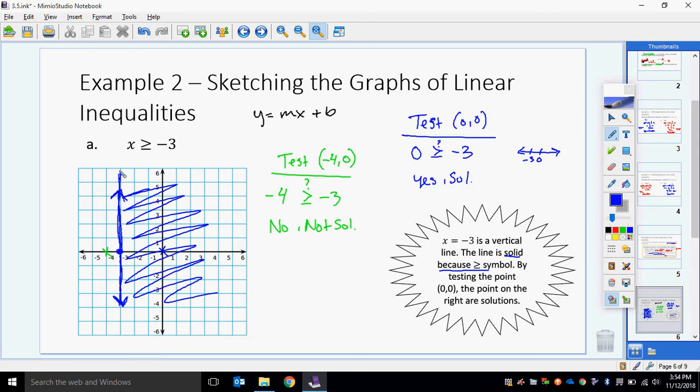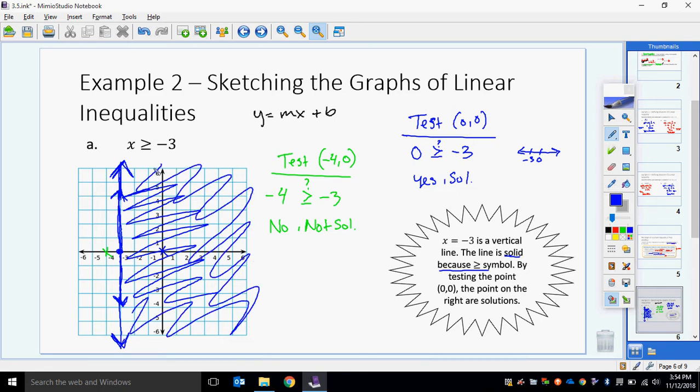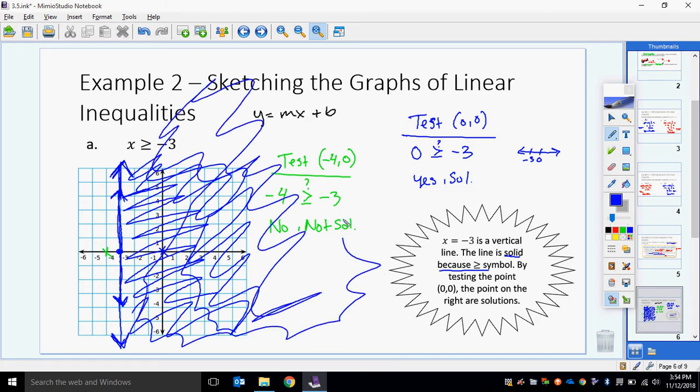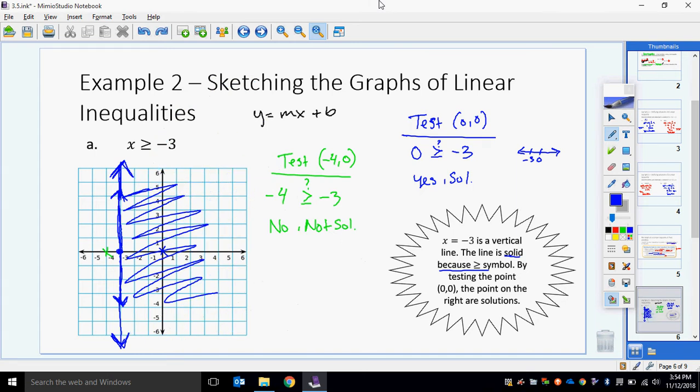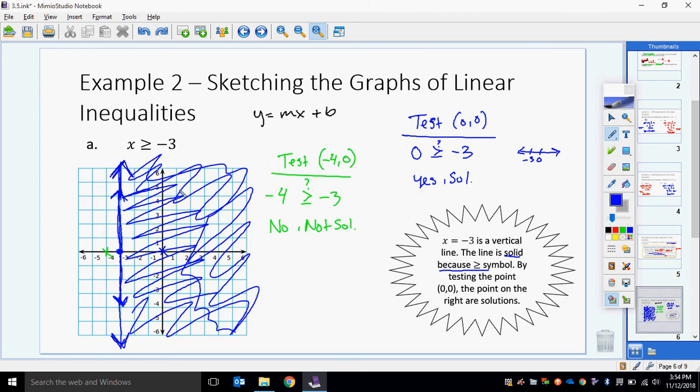And if I were to extend this line up like it should go all the way, any number over here and all the way back to infinity, I could keep extending this. As long as it didn't cross that line, it's a solution. Any ordered pair over here that I pick and test, it's going to come out true. Also on the line, they're going to be true.